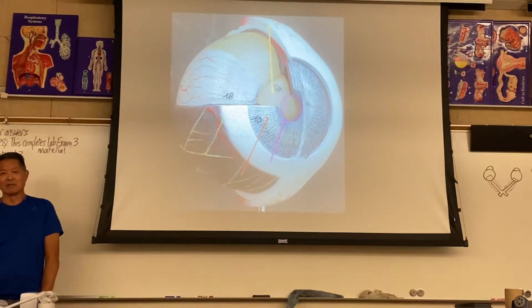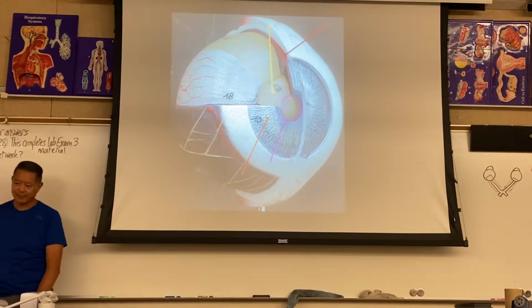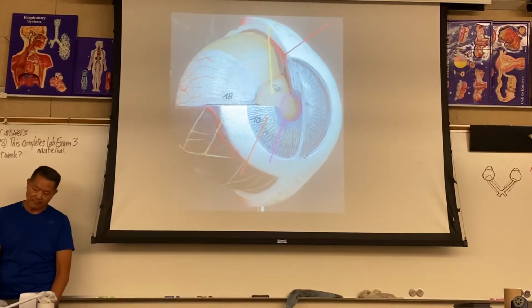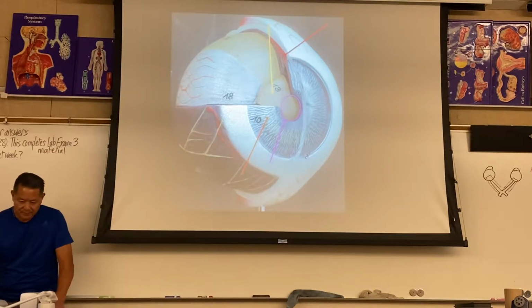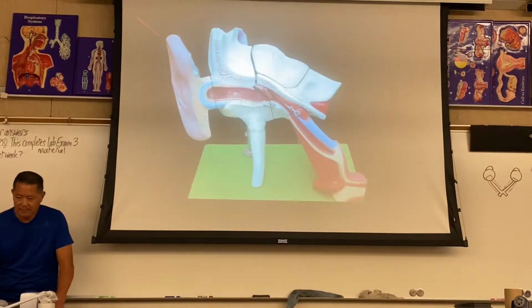Purple is pupil. That red is ciliary body. Ciliary body. I can't find these on here. Where do you find these?